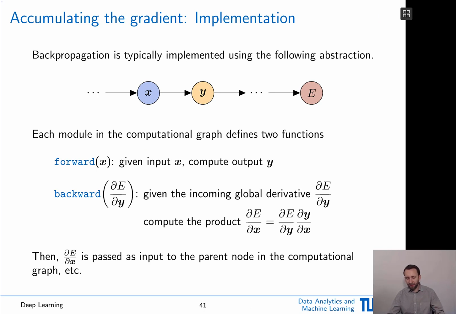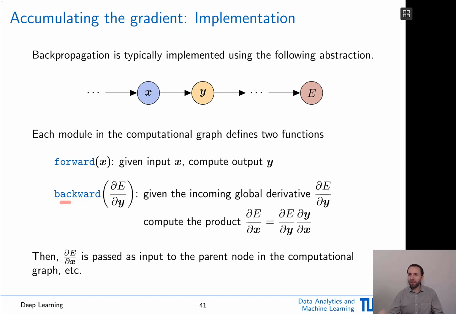Here I just mention the big picture again before we work it out for a specific module. This backpropagation, or this accumulation, in an abstract sense should really work in two steps. On one hand, we have this forward pass, which we have seen before already, where we're computing all these intermediate steps. And then we have this backward pass.